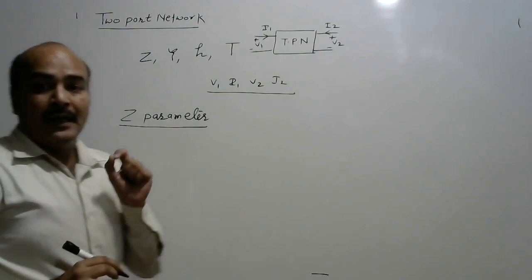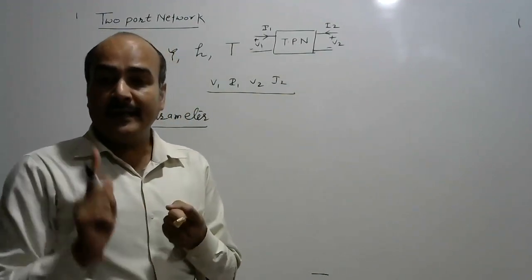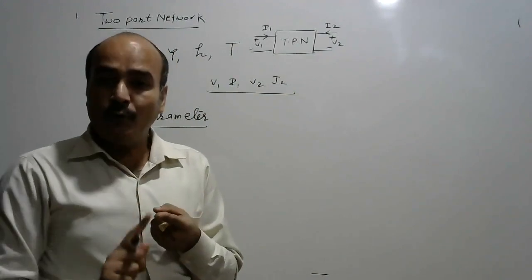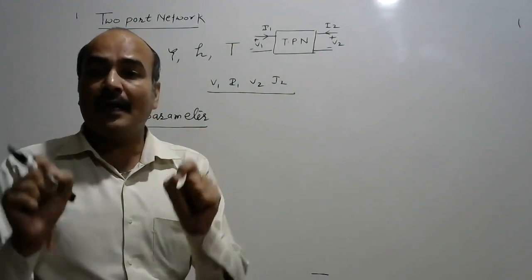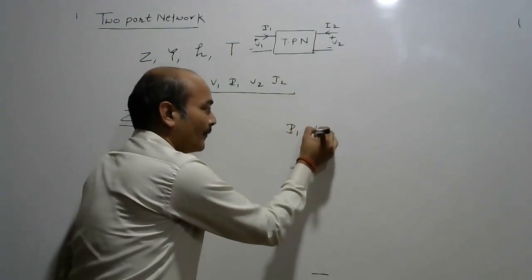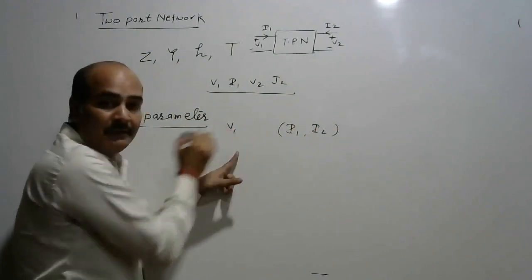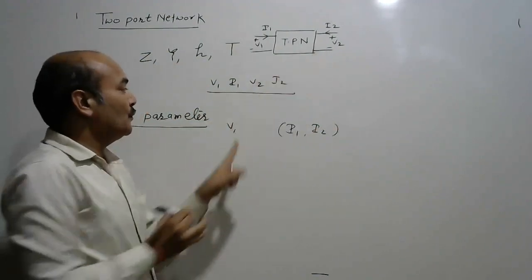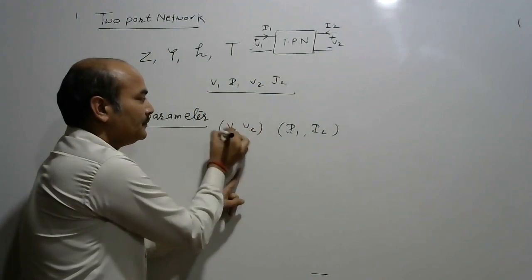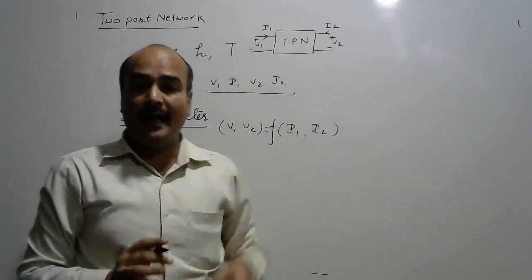In Z parameters, the input port current I1 and output current I2 are the independent variables, and the input voltage V1 and output voltage V2 are functions of I1 and I2.